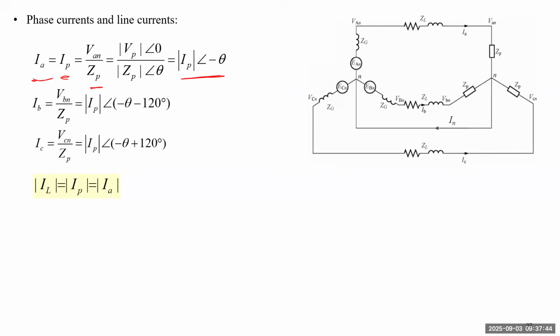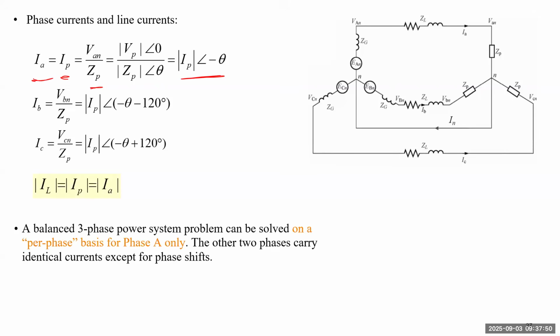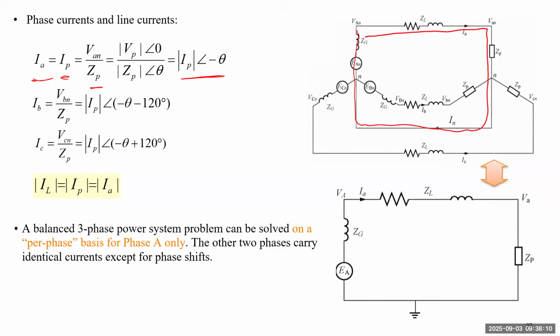We know all the line currents have the same magnitude, which is equal to the magnitude of each phase current. So a balanced 3-phase power system problem can be solved on a per phase basis for phase A only. We don't have to always draw this 3-phase circuit. We just pick this circuit, which becomes this single phase circuit.